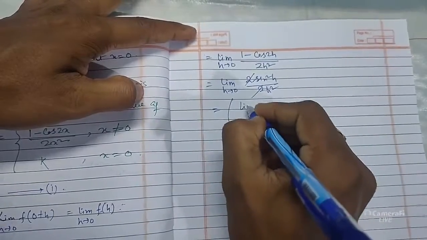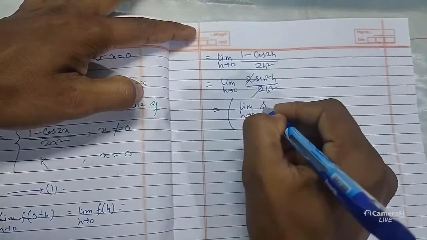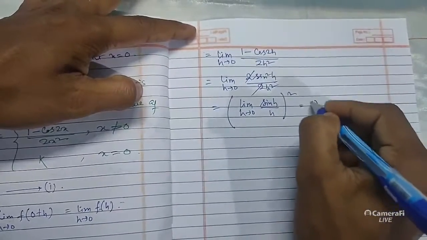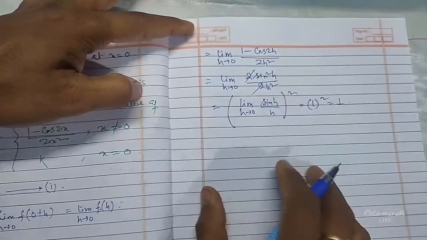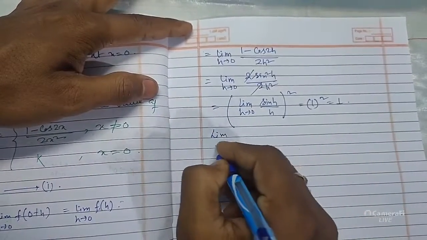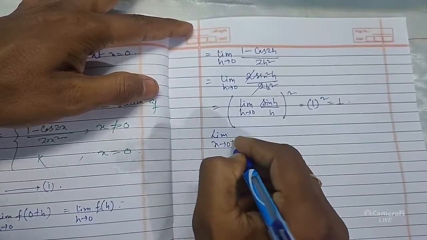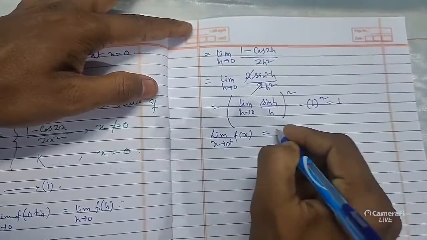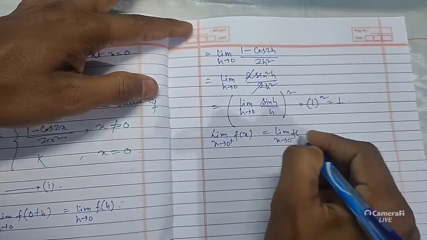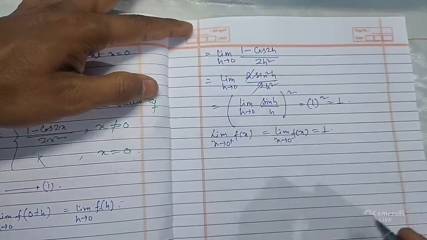So this we can write as limit h tends to 0 of (sine h by h) whole square, that is equal to 1 square equals 1. So both the values are equal. So limit x tends to 0 plus f(x) equals limit x tends to 0 minus f(x) equals 1.